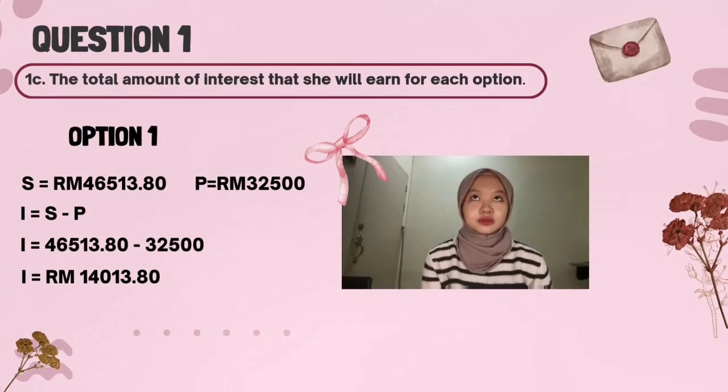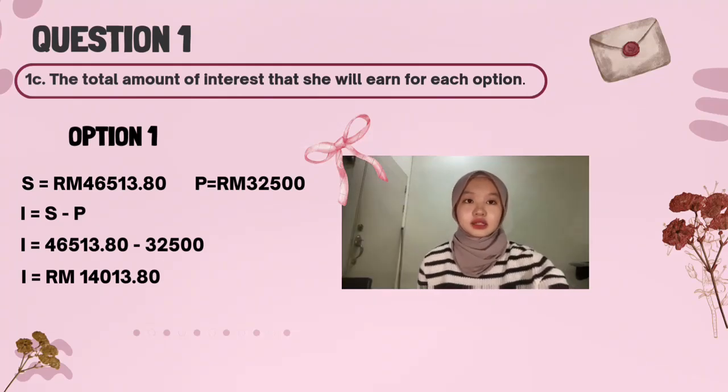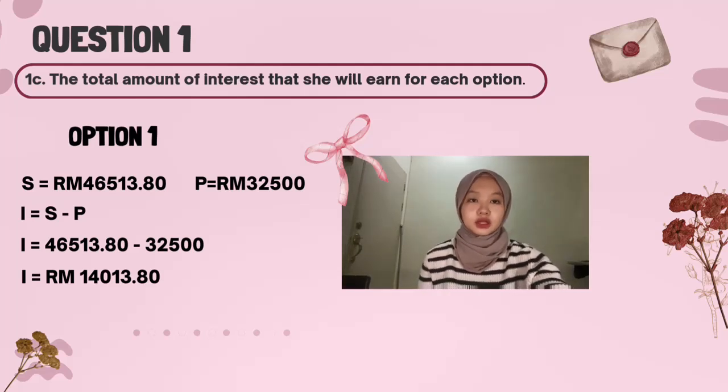So I will present questions C and D. For question C, the total amount of interest that she will earn for each option. Given Bank A, S equals 46,513.80 and P equals 32,500.